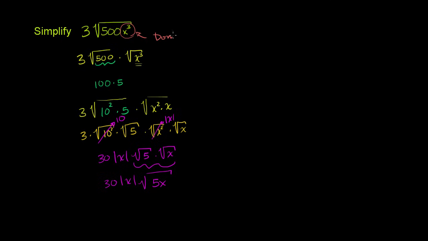The domain here is that x is any real number greater than or equal to 0. And the reason why I say that is if you put a negative number in here and you cube it, you're going to get another negative number, and in the real numbers you won't get an actual value. You'll get a square root of a negative number here.